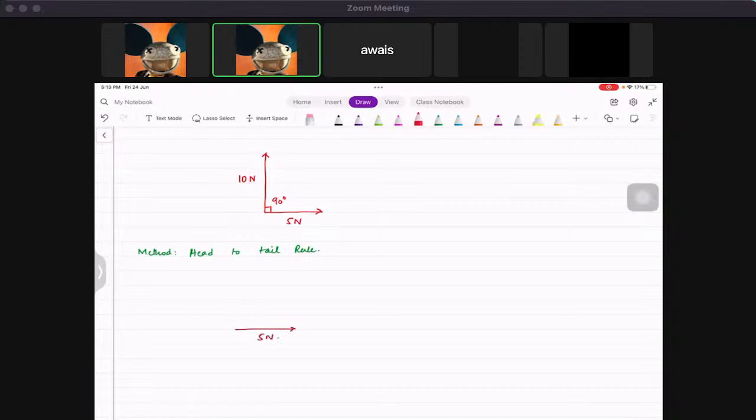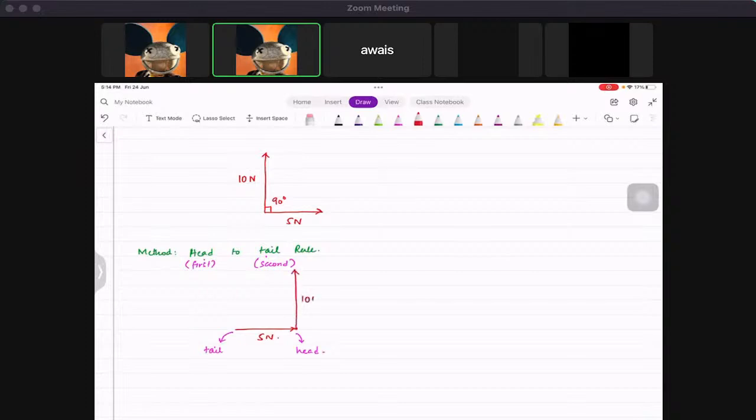Remember that this is the tail of the vector and this is the head of the vector. Head to tail means the head of the first vector should be connected to the tail of the second one. So this 10 newtons should be placed here and drawn exactly the same way.